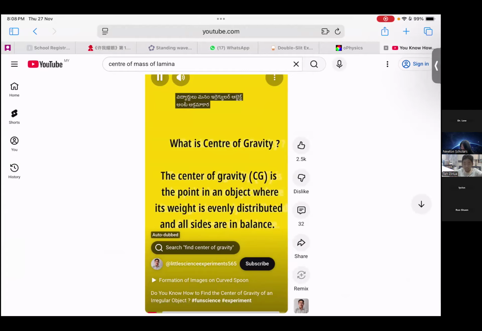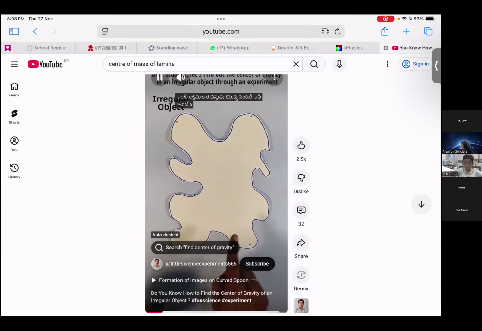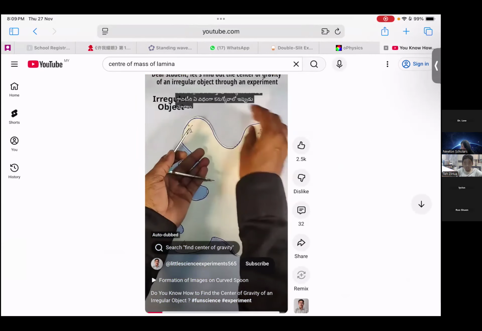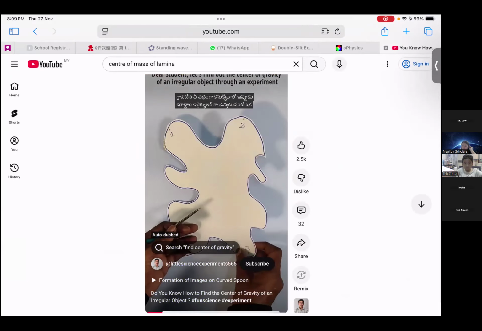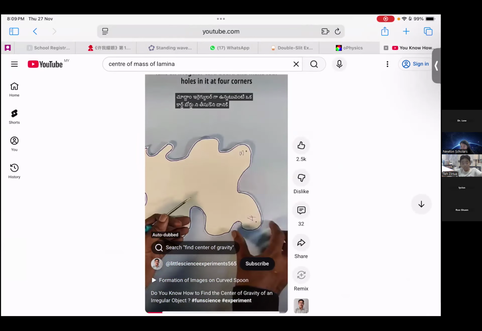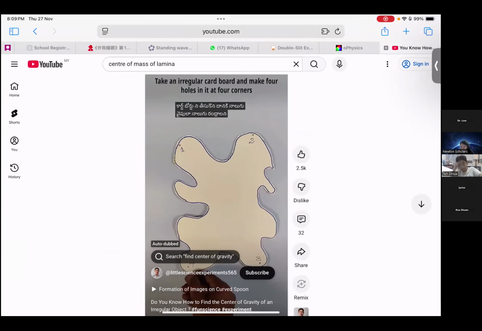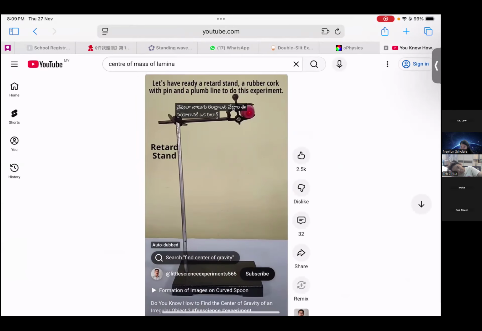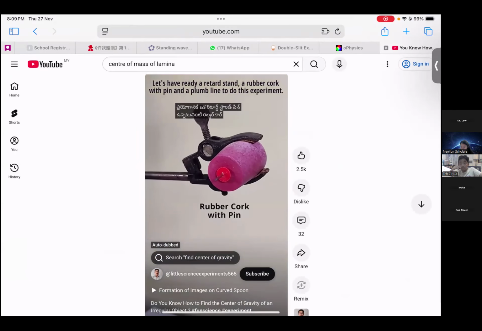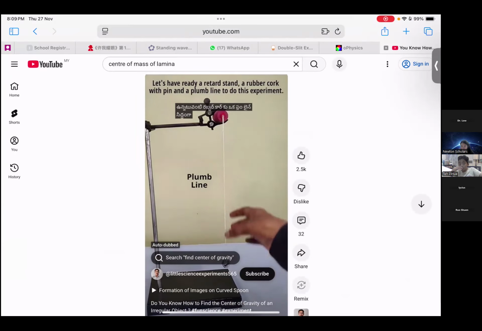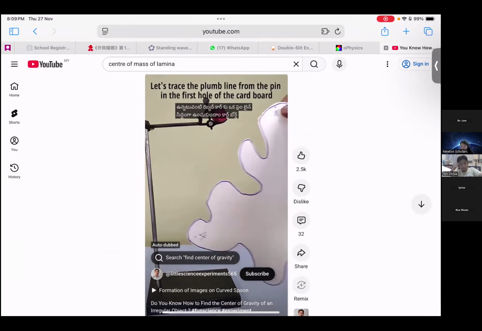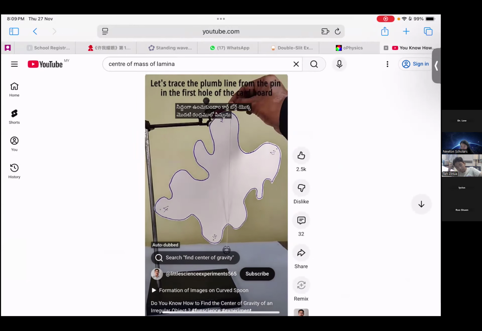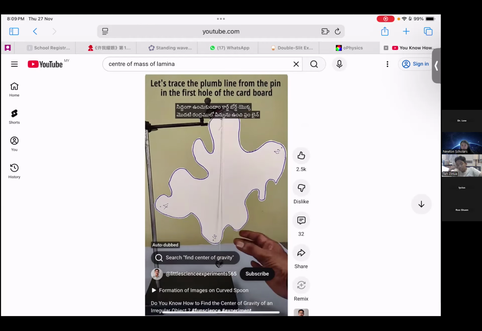Let us now see how we can find the center of gravity of an irregular object. Let us take an irregular cardboard and make 4 holes on all 4 sides of it. For this experiment, let us keep a plumb line ready for a rubber cork with a stand pin. Let us mark the plumb line by placing the pin in the first hole of the cardboard.